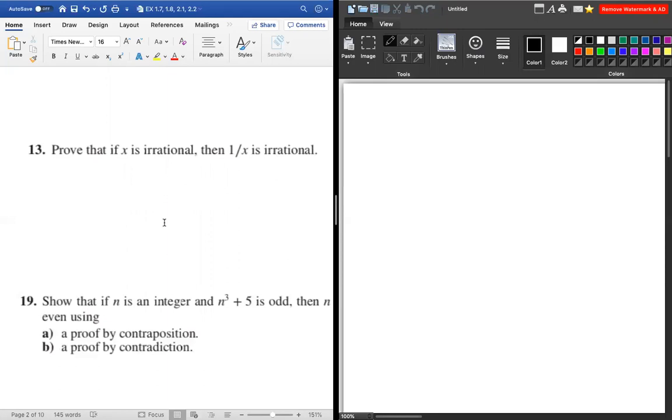Okay, so for this kind of proof, what we will be using is the contraposition proof to prove this statement.